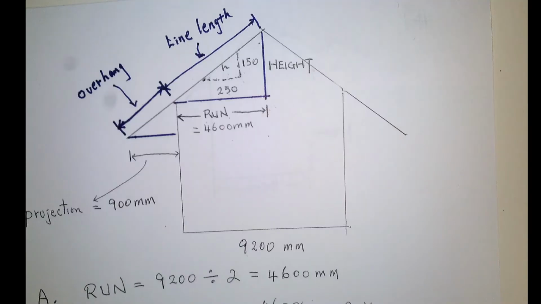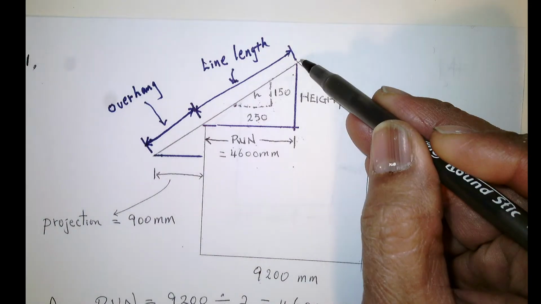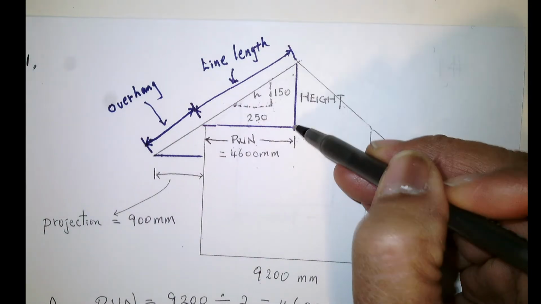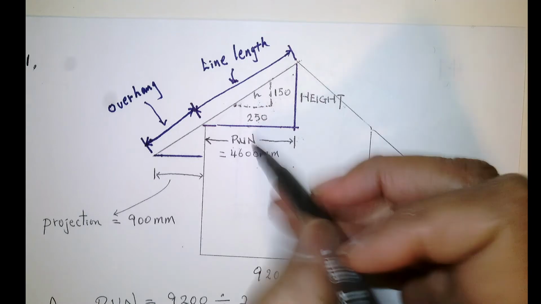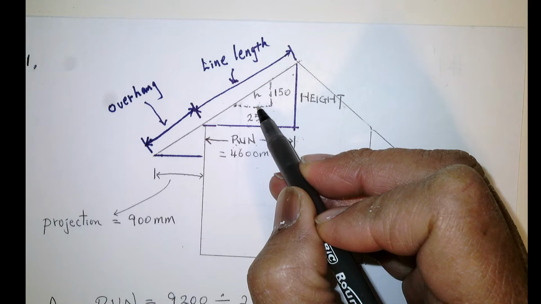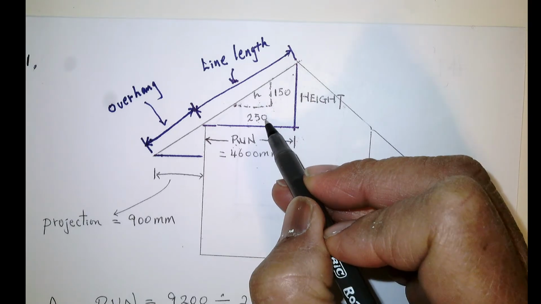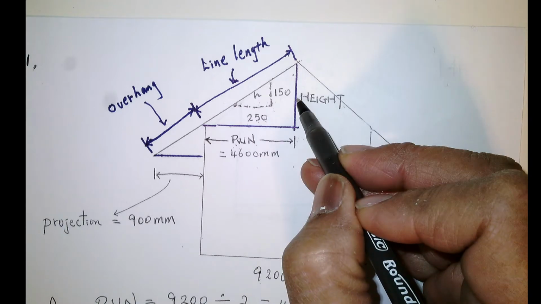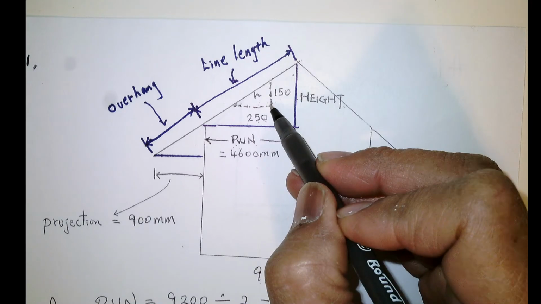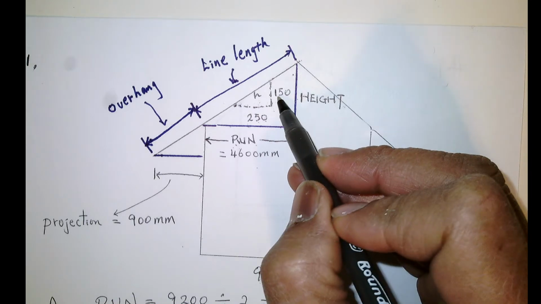The funny thing is the similar triangles concept is taught in Math 9 and never enforced in other grade levels. Alright, so now for the D part, the height of the roof is from here to here. Since the run increased by 18.4 times, 18.4 times 250, the height should also be increased by what? 18.4 times 150.